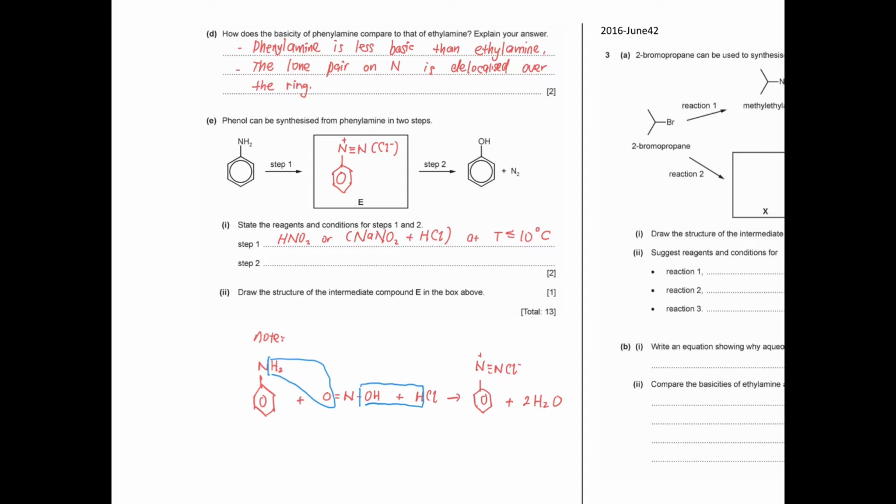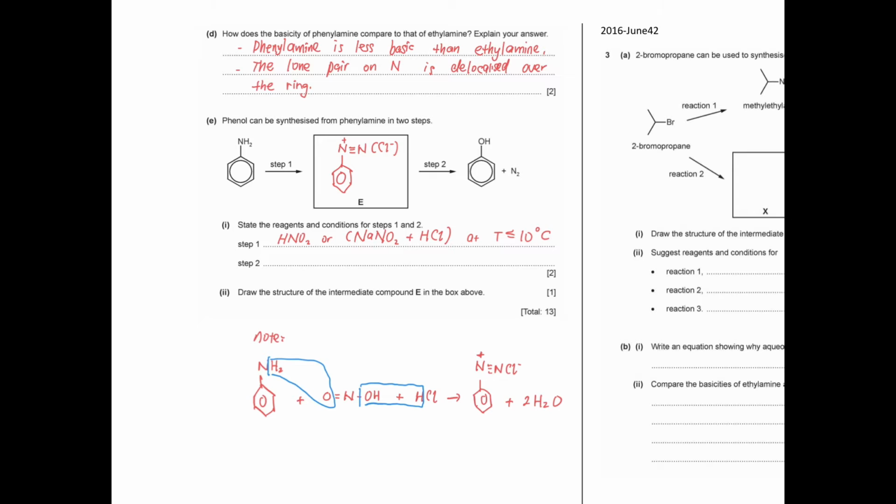So this N triple bond N is called azo. The chloride is because of the Cl minus, which comes from here. So remember the temperature. In the notes we put 5 degrees Celsius, but here it is more flexible. You can put any temperature less than or equal to 10 degrees Celsius.